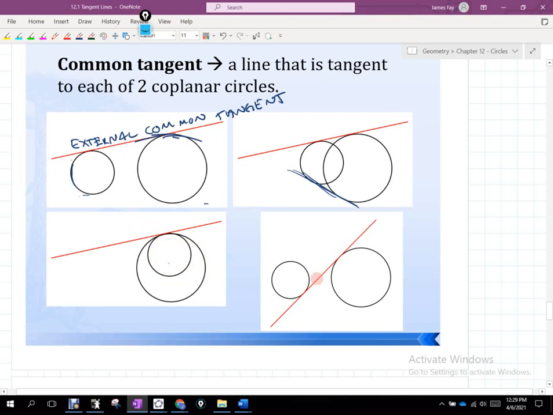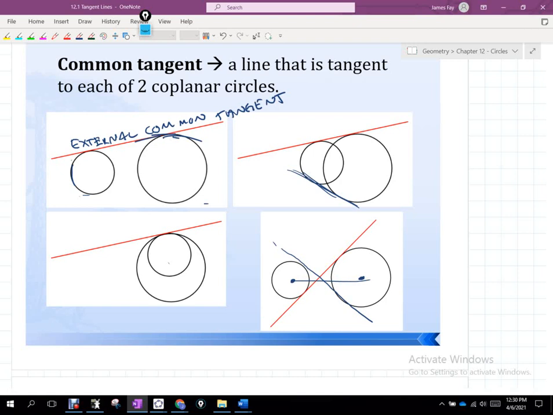This is referred to as an internal tangent, and there's two of them. Okay, so every set of two circles has two external tangents, and we'll have two internal tangents. The definition is, if you were to connect the centers of your circles with an imaginary line, an internal tangent will cross that imaginary line.